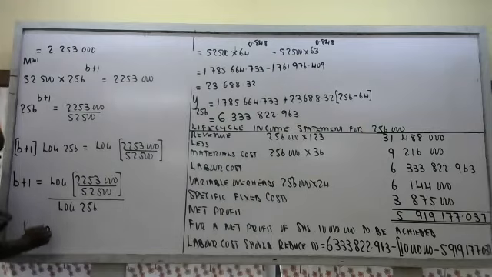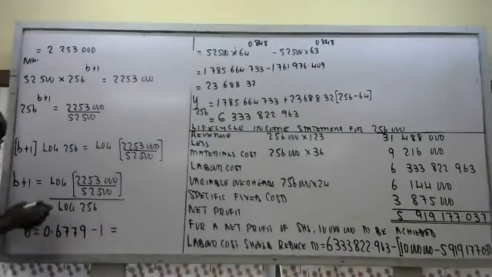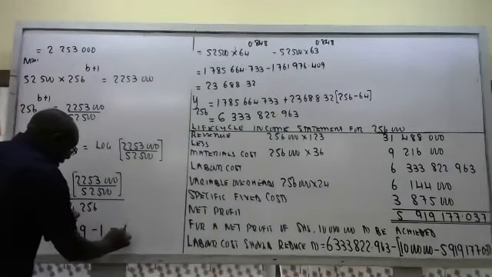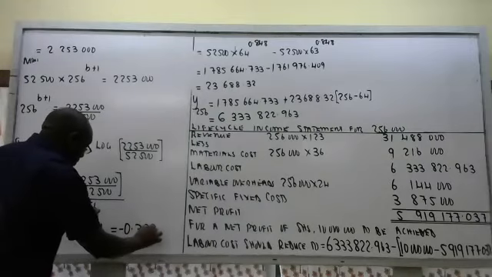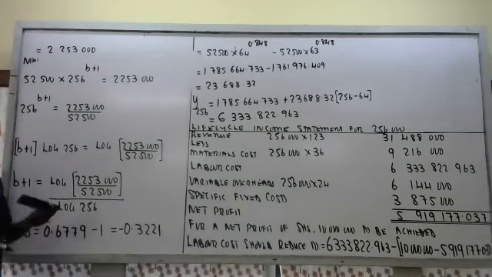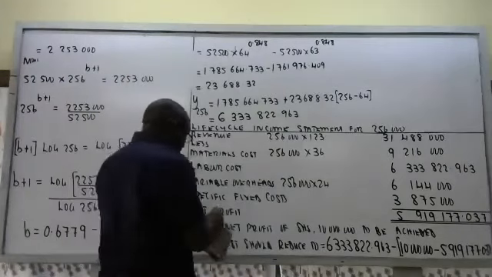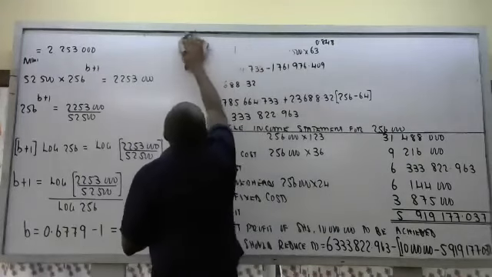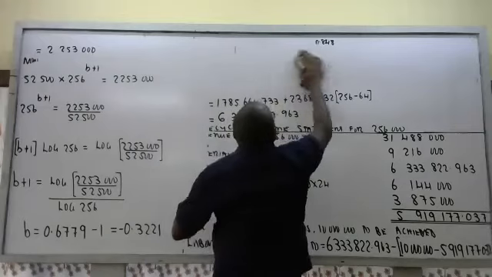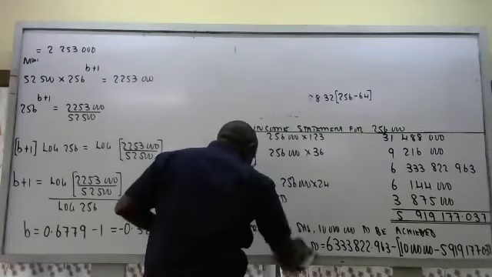I am getting 0.6779, so I minus 1, and I'm left with minus 0.3221. That is the value of b.